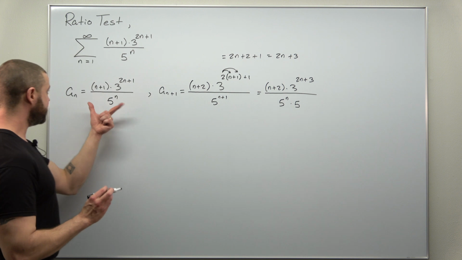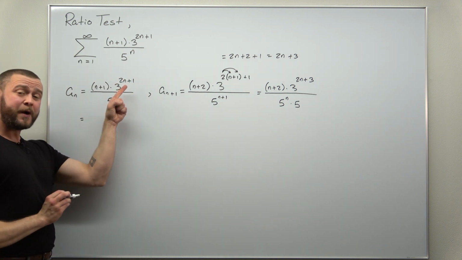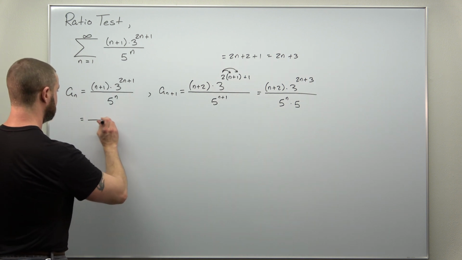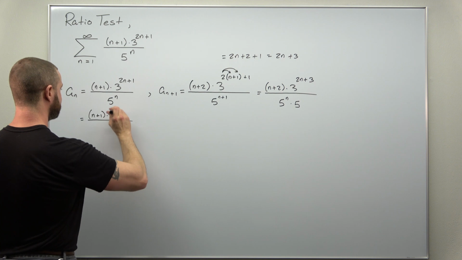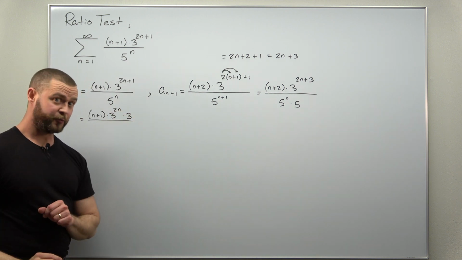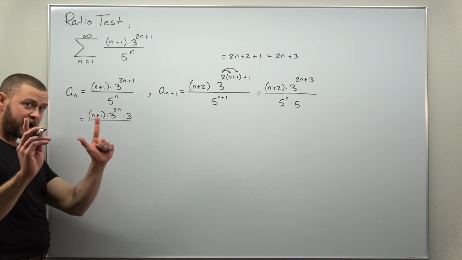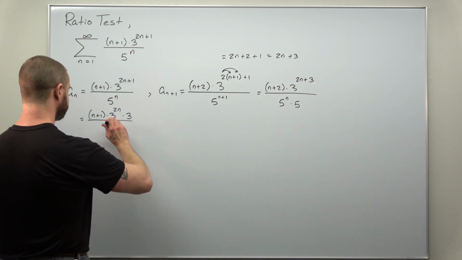Let's do it first here. So I'm going to split up 3 to the 2n plus 1. I'm going to write that as 3 to the 2n times 3 to the 1, or 3. We're not incrementing, we're just applying the exponent trick to that power of 3.